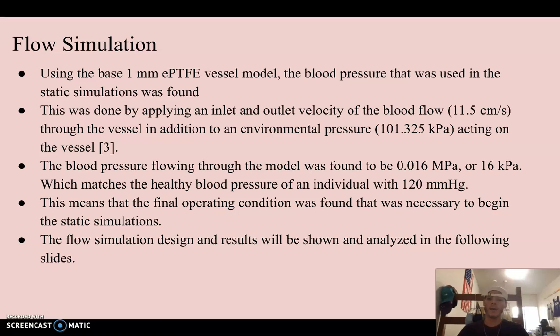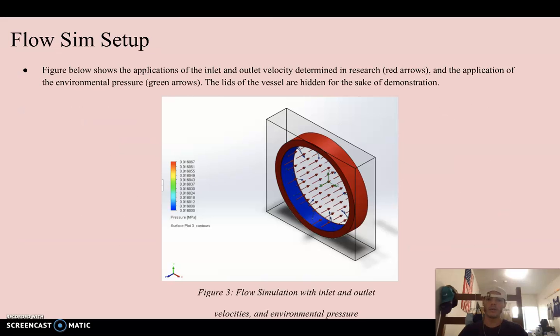It was found that the blood pressure through the model was 16 kPa, which matches the healthy blood pressure of 120 millimeters of mercury. And this means that we found the final condition to be able to run that static simulation to get the stress and strain values that we need. And I'll go ahead and go over the design and results right here.